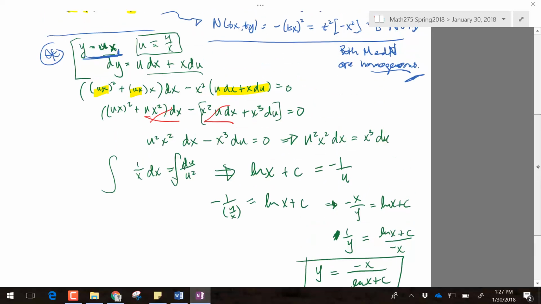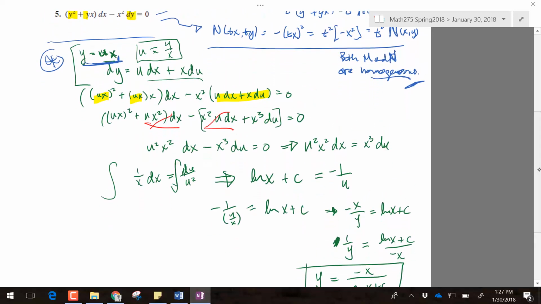Just like when you do a regular u substitution when you're integrating back in Calc 1 and Calc 2, you're treating u as a function of x after you do the substitution. And that's the same thing over here, because you can't just let u be a constant, because y is not constant, y is a function.